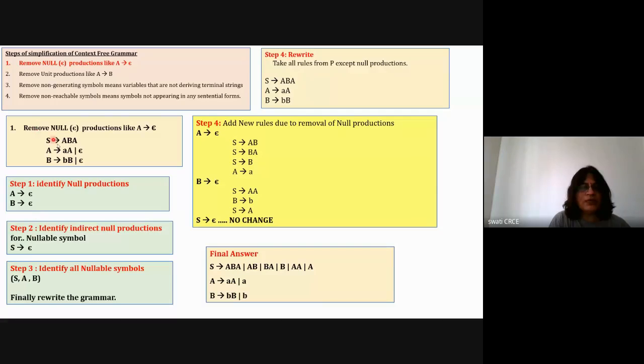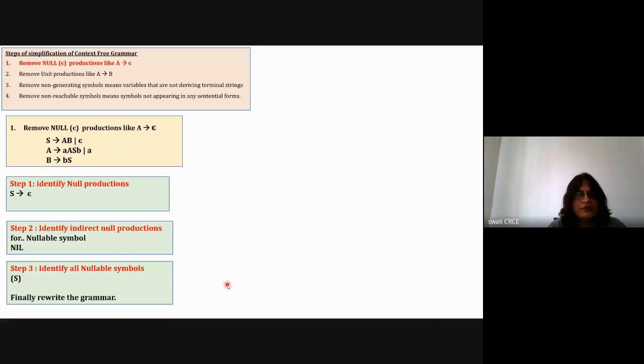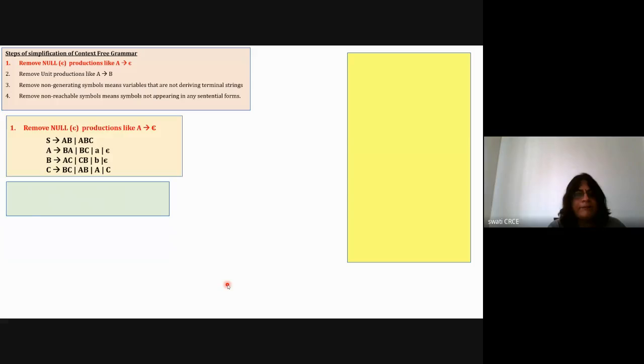Don't always start from S, you start from the second variable, and for all the variables you keep on adding the new rules and rewriting the grammar, and then at the end you try for the starting symbol, and then combine all the rules together, remove the duplicates, and rewrite it, and that is the final answer. Okay, so we have seen this particular example. Also we saw this example last time.